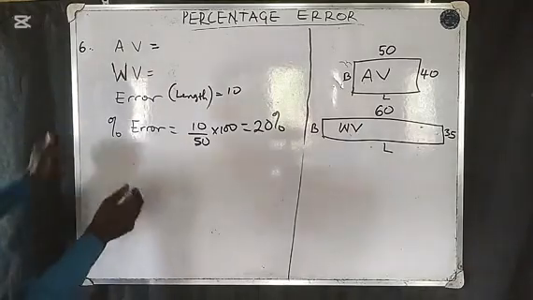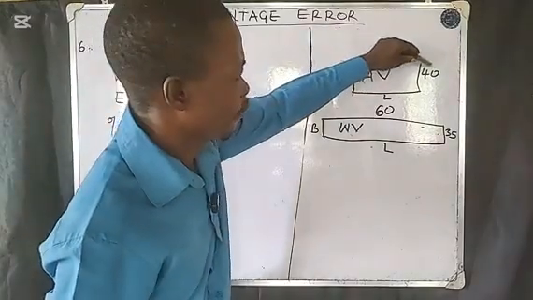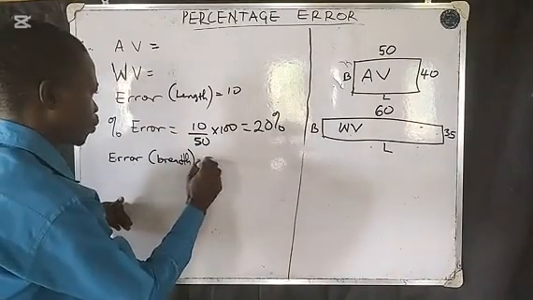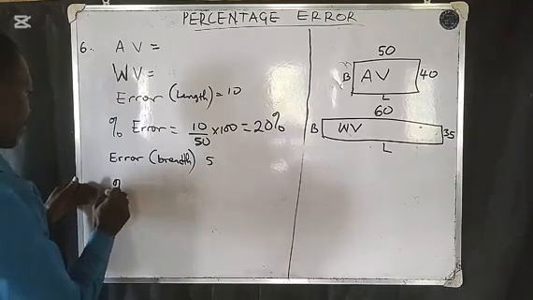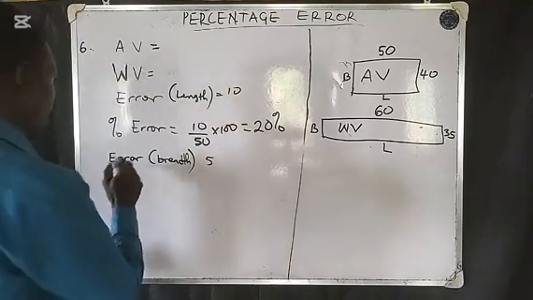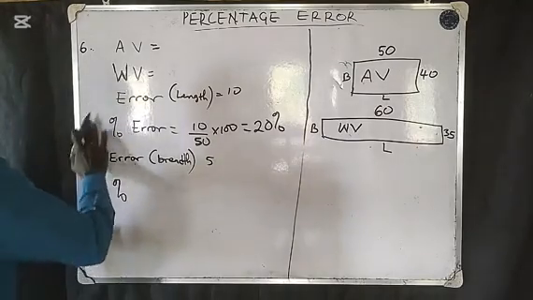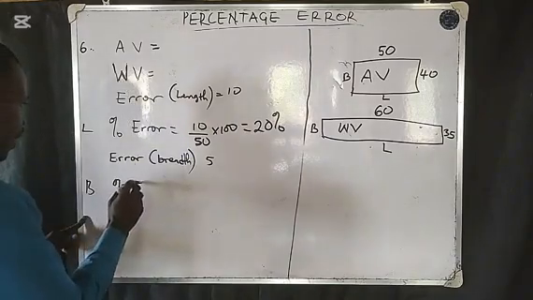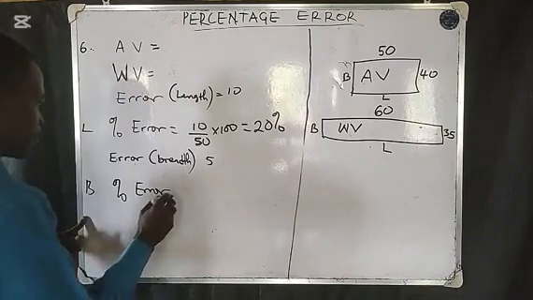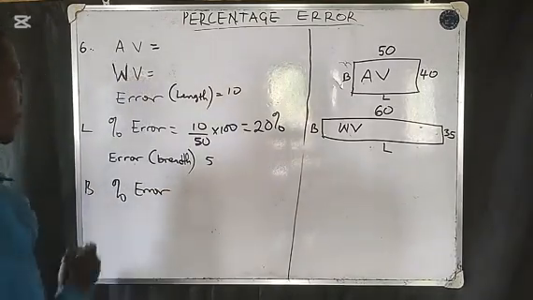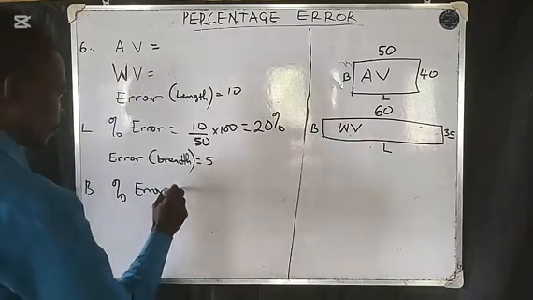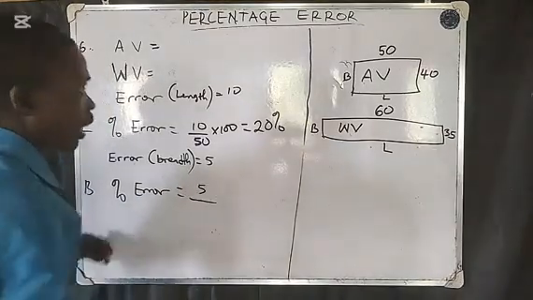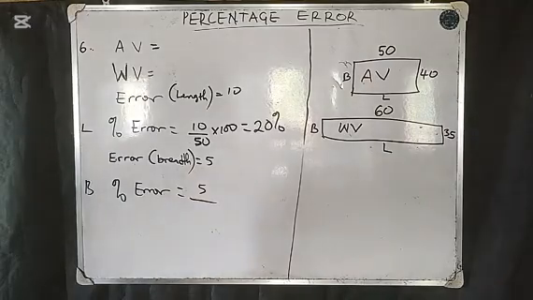Then error in breadth. Look at the breadth. Here is 40, here is 35, right? So the error will now be what? 5. Now to find the percentage error in breadth. This is length percentage error, and this is breadth percentage error. Breadth percentage error will now be, we say the error is 5, right? So percentage error will now be 5 over, what is the actual?